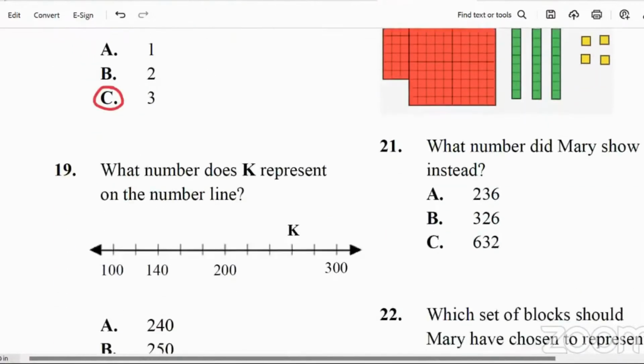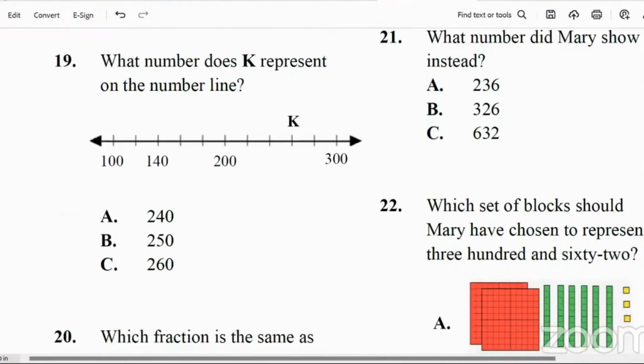All right, question 19. What number does K represent on the number line? Okay, so K is right here. So what we're going to have to do is determine what the increments are. What are the values between 200 and 300? How do we account for each of these? Okay, so 1, 2, 3, 4, 5. All right, so there are 5 divisions.